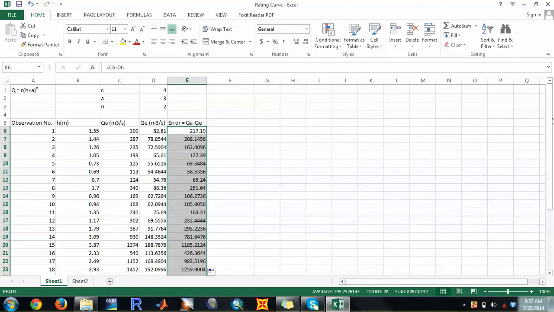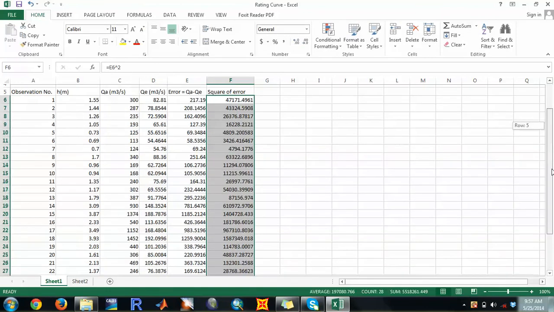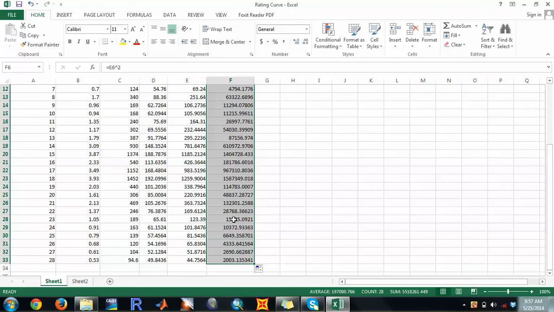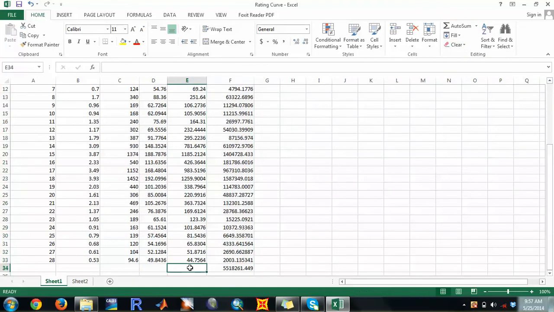Some errors are positive, some are negative usually, so we have to take the square of error, which is equal to this one raised to 2. Then you take the sum of square of errors by selecting the column as a whole and saying sum.